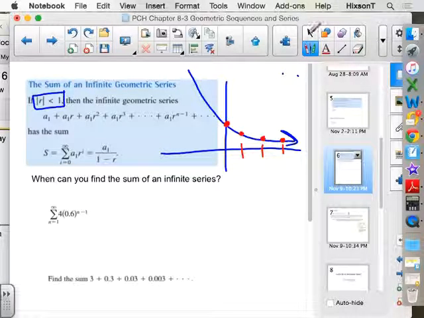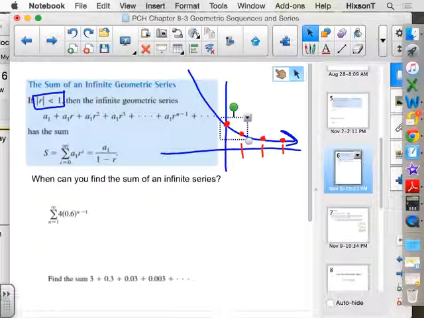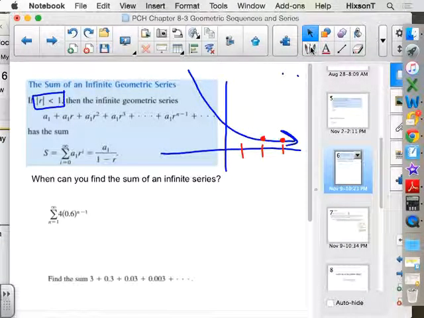Actually it wouldn't technically be defined there because it's only positive integers, so let me fix that. But you'll notice what's happening to the value of each term. It's approaching 0. That's the key.